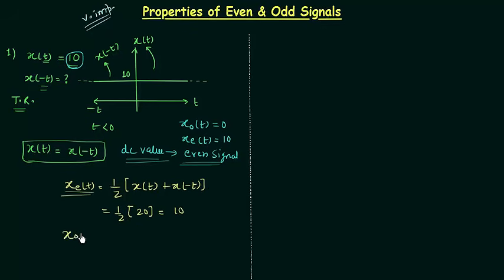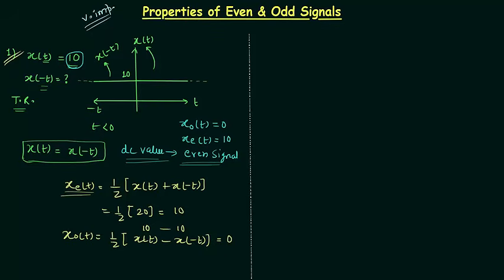And the odd component xo(t) is equal to 1/2 times x(t), the original signal, minus x(-t), the signal after performing the time reversal, and this is equal to 0 because x(t) is equal to 10 and x(-t) is also equal to 10, so 10 minus 10 is equal to 0. So this is a very important property regarding the DC value.